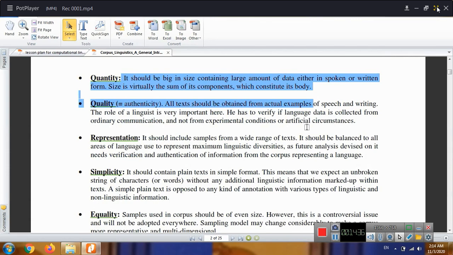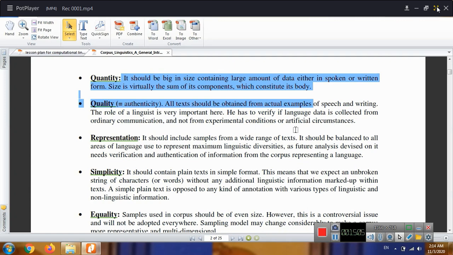But what about quality? Authenticity. All text should be obtained from actual examples of speech and writing. The role of the linguist is very important here. He has to verify that language data is collected from ordinary communication and not from experimental conditions or artificial circumstances.